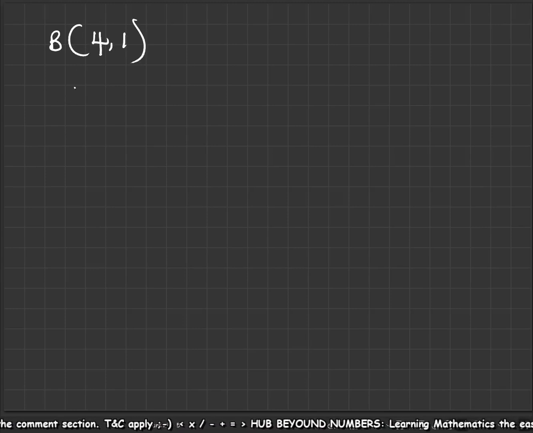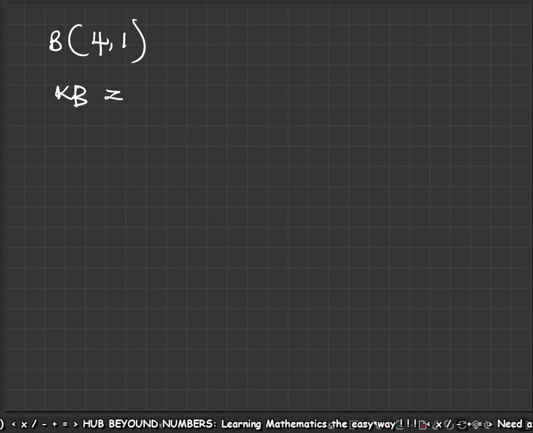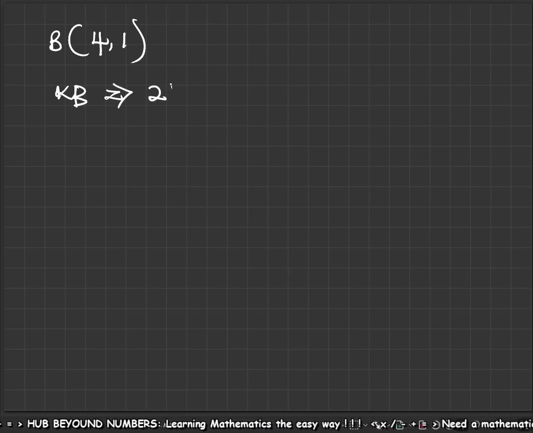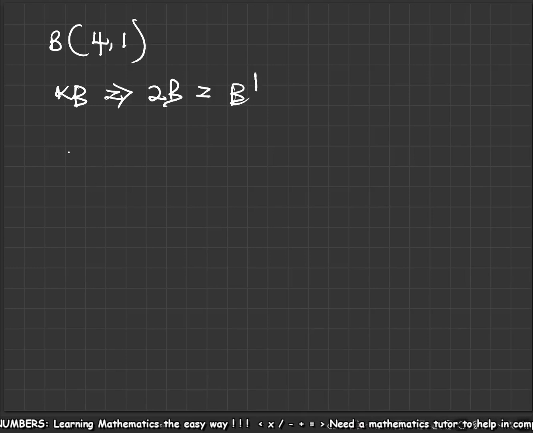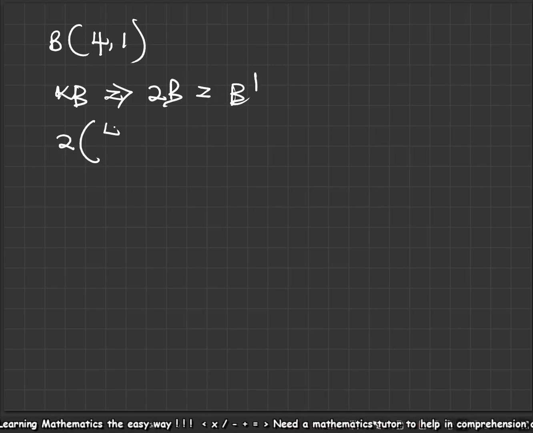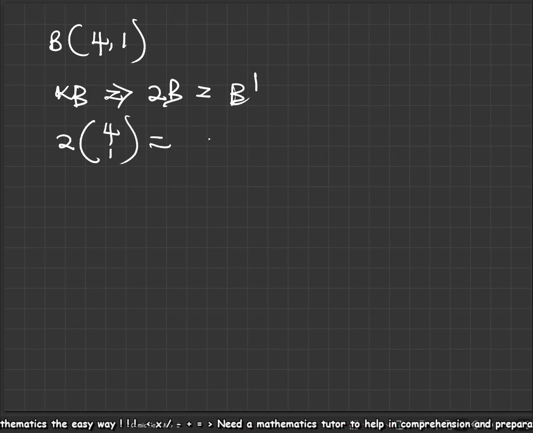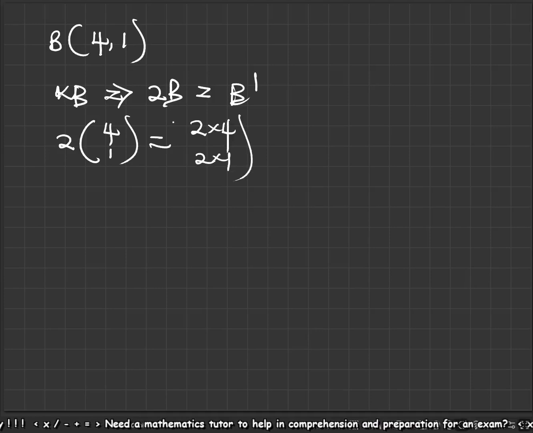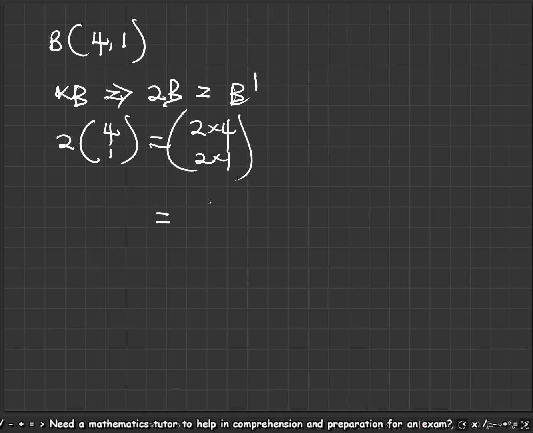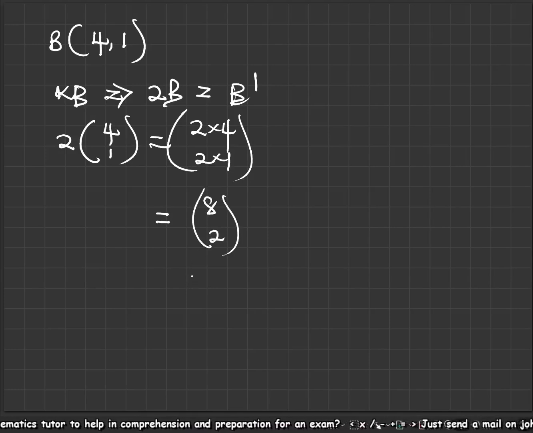Hence, if we apply our enlargement or our scale factor to it, that is kB, which is 2 times B, which is going to give us our B prime, is then going to be what? 2 times (4, 1), which is 2 times 4 and then 2 times 1. And you know 2 times 4 gives us an 8 and 2 times 1 gives us a 2. So that this now becomes our what?